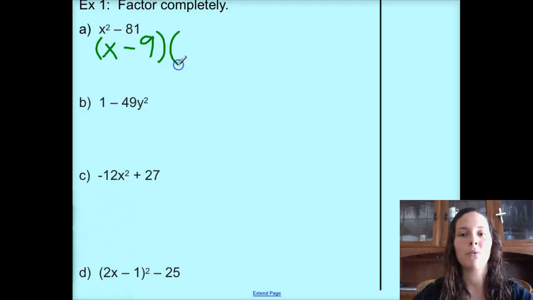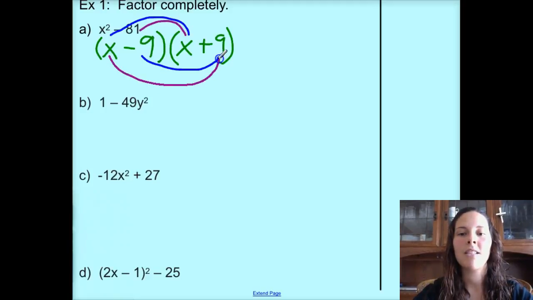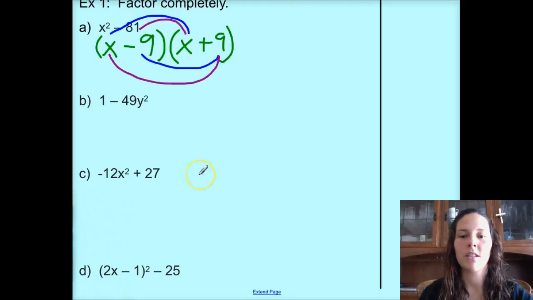The square root of 81 is 9, so that's how we figure out what numbers to use. Again, thinking about multiplying this out, we get x squared minus 81, and when we do those inside and outside, we get -9x plus 9x, which cancel. So that's, again, why the difference of squares works.